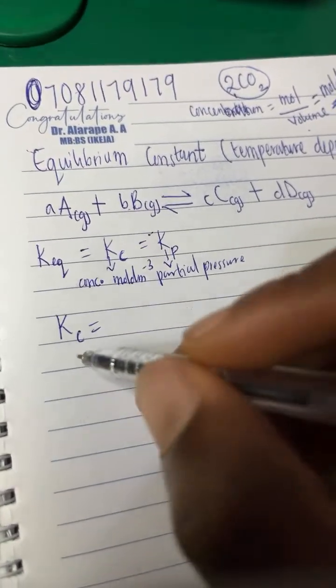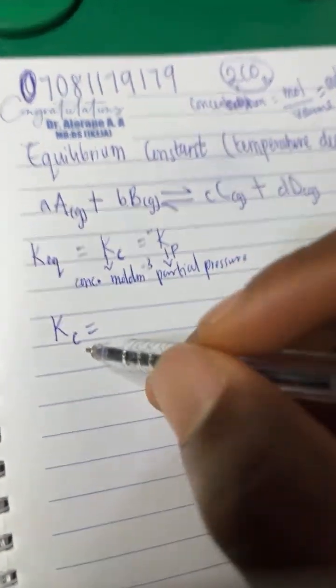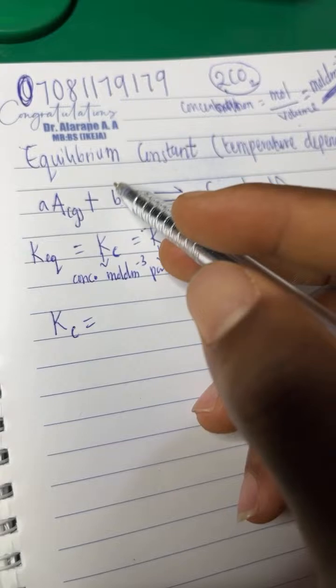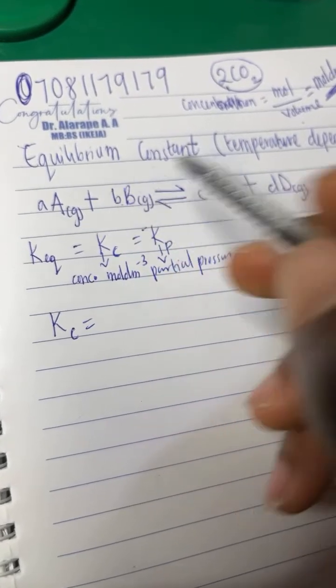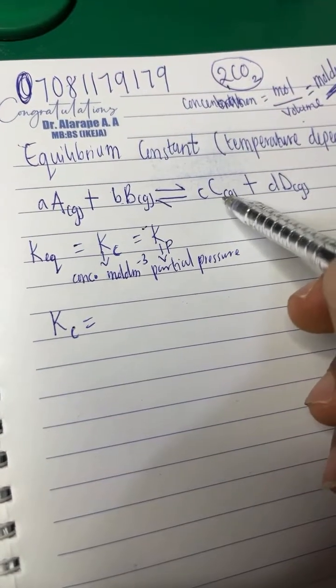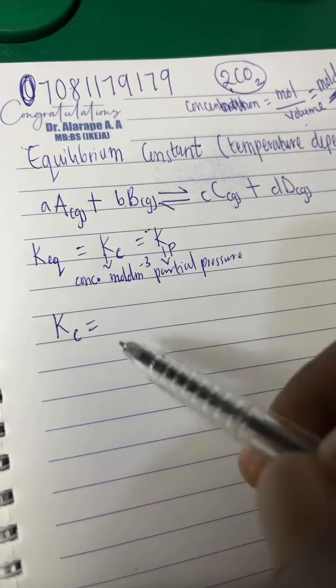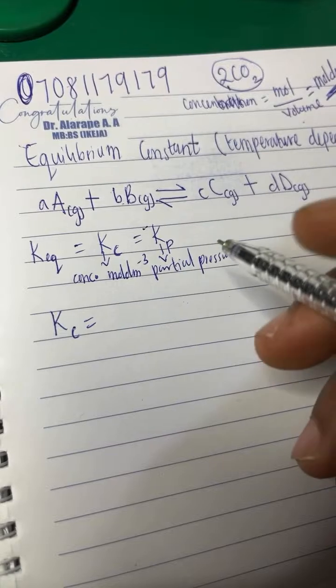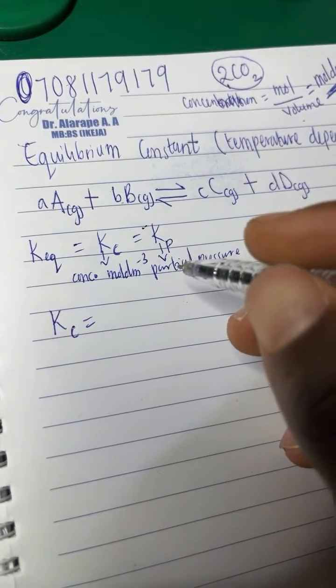So our equilibrium constant, in terms of concentration, in relation to this equation, you are going to have the concentration of your products over the concentration of your reactants. You understand?